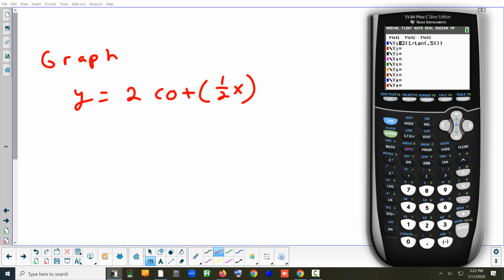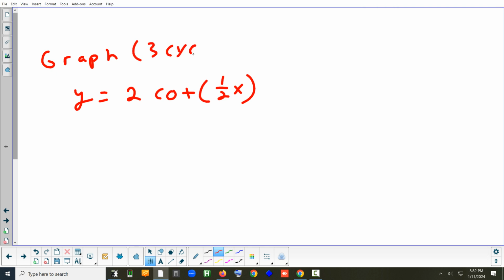All right, and let's say they want us to graph 3 cycles. First thing we have to do is figure out how long 1 cycle is, and then we'll triple it. What's the formula to find the length of a cycle for cotangent? It's the period divided by the number in front of x.